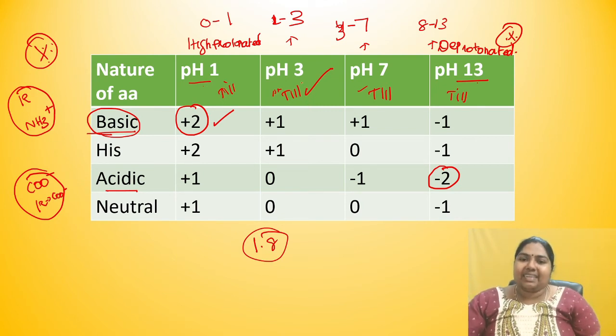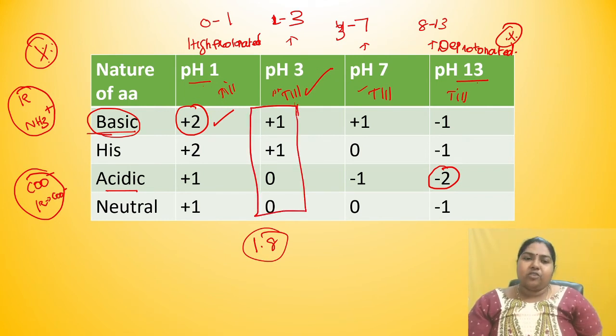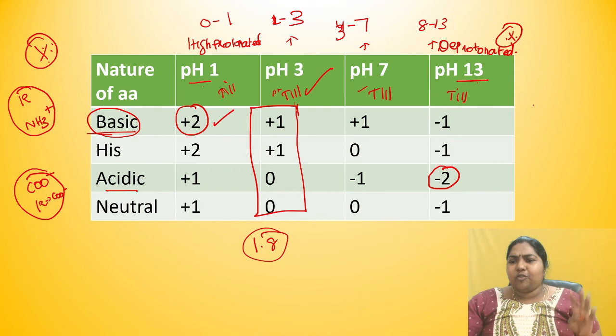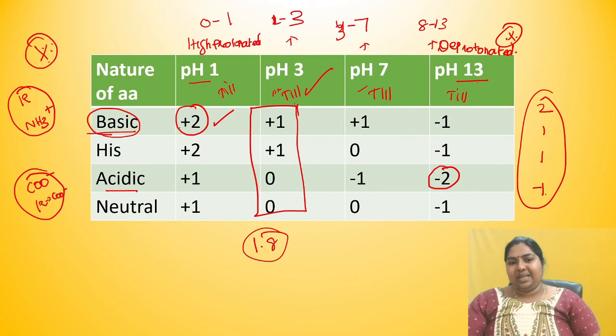So 1.8 comes under till 3, and you will look at this column. Got it? So what is the value for basic? It is 2, 1, 1, minus 1. Only 4 values: 2, 1, 1, minus 1. So this is for a basic amino acid.